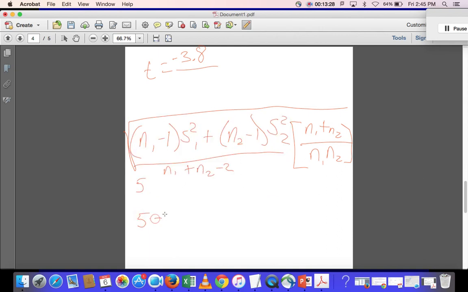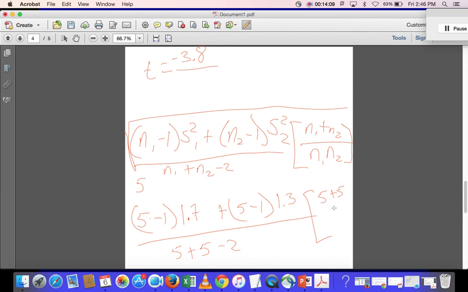So 5 minus 1 times, and again remember, my variance for group 1 was equal to a value of 1.7 plus 5 minus 1 times the variance of group 2, which is 1.3, divide that by 5 plus 5 minus 2, because remember sample size for group 1 was 5, sample size for group 2 was 5, minus 2, times 5 plus 5, because remember sample size for group 1 plus sample size for group 2, divided by 5 times 5.